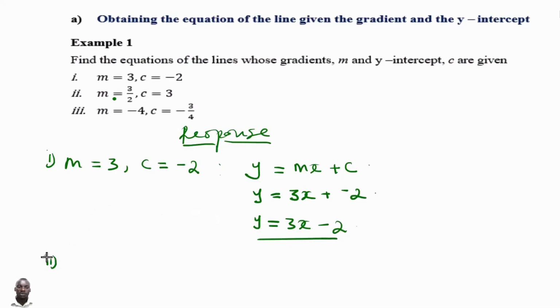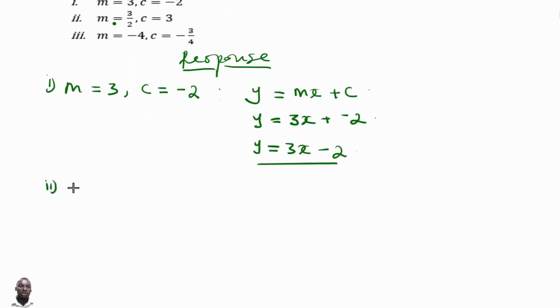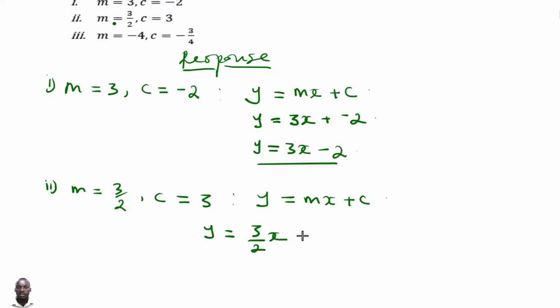Let us have Roman numeral 2. For Roman numeral 2, we've been given m, the gradient, as 3 over 2, and the y-intercept c as 3. Substituting in the general form, we have y equals 3 over 2 x plus 3.